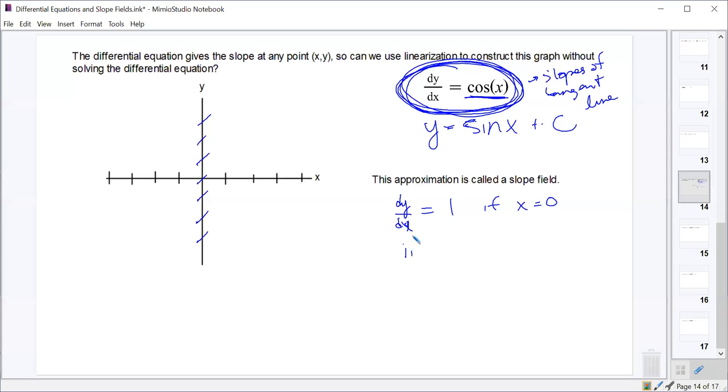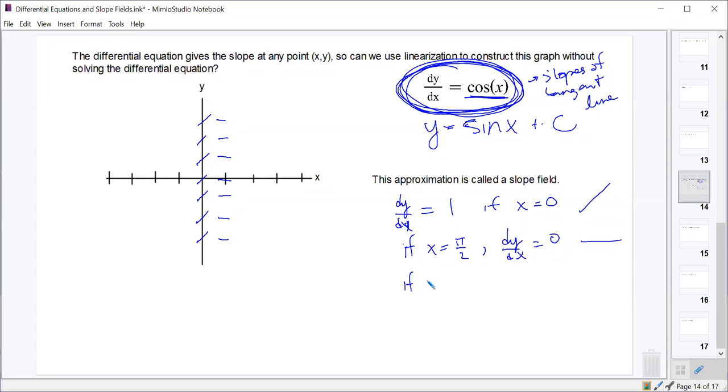Now, what about if x is pi over 2? What would dy dx equal? 0. Exactly. If x is pi over 2, dy dx is 0, which means the slope should be horizontal. We'll call this first thing here pi over 2, and we'll just draw a bunch of little slopes of 0. Good?